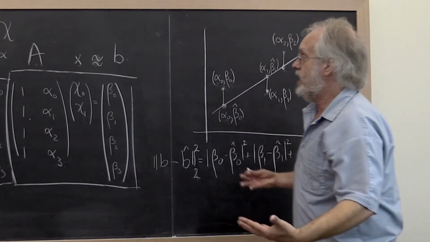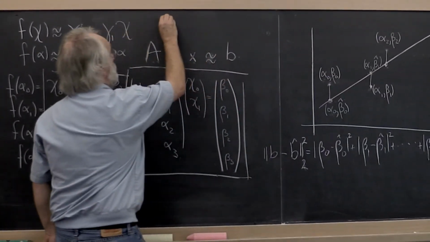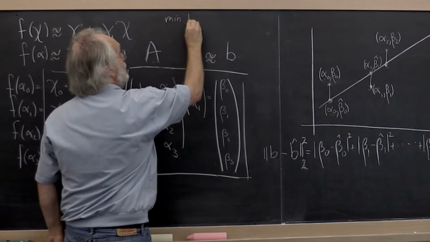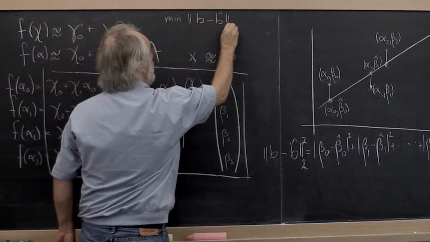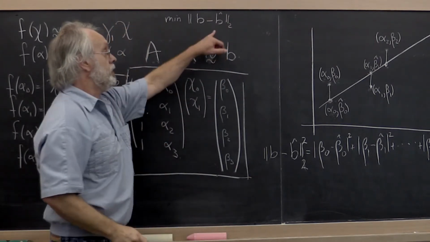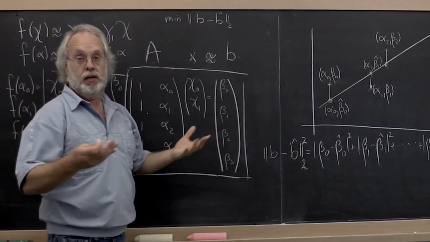So the way you can state this is you're trying to minimize b minus b hat in 2 norm, and you can drop the square, because whether you minimize the 2 norm or the square of the 2 norm, you get the same answer.